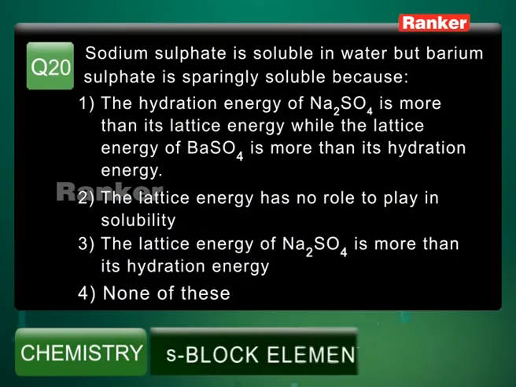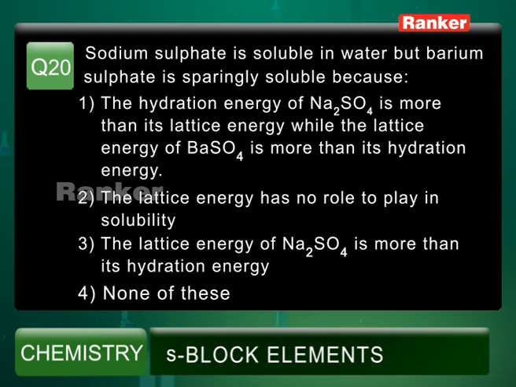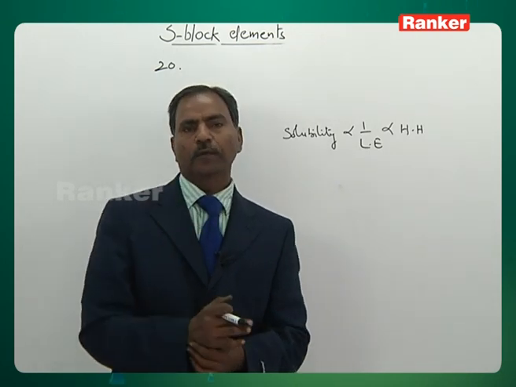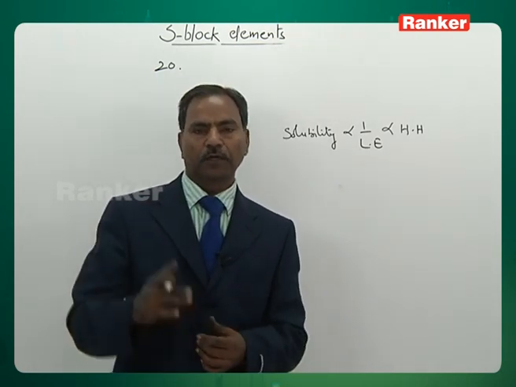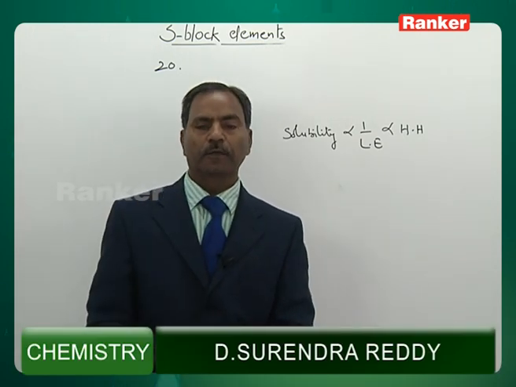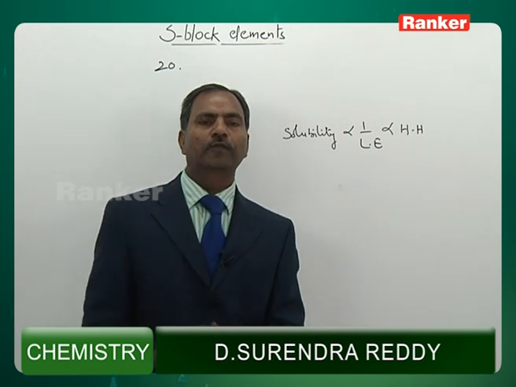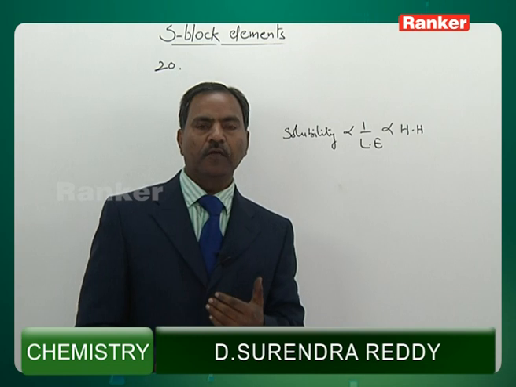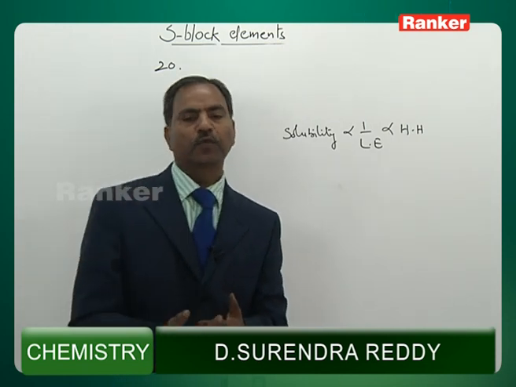Coming to the second option, the lattice energy has no role. Okay, leave it. Coming to the lattice energy of sodium sulfate being more than its hydration energy: once lattice energy is more, then it will not be soluble. But the question says sodium sulfate is soluble. Therefore, option number 1: the hydration energy of sodium sulfate is more than its lattice energy, while the lattice energy of barium sulfate is more than its hydration energy.